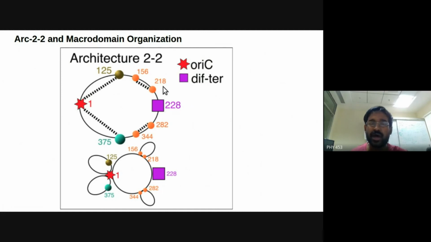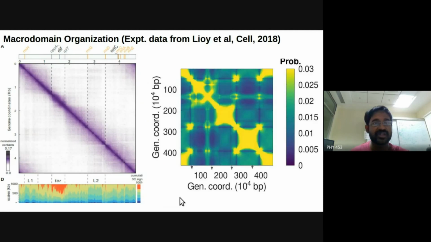However, ARC2 fails to give us the macrodomain-like organization, but if we modify ARC2 suitably such that there are two additional smaller loops, and we call it the ARC2-2 architecture, such an architecture gives rise to the macrodomain-like organization, as we show in the next slide.